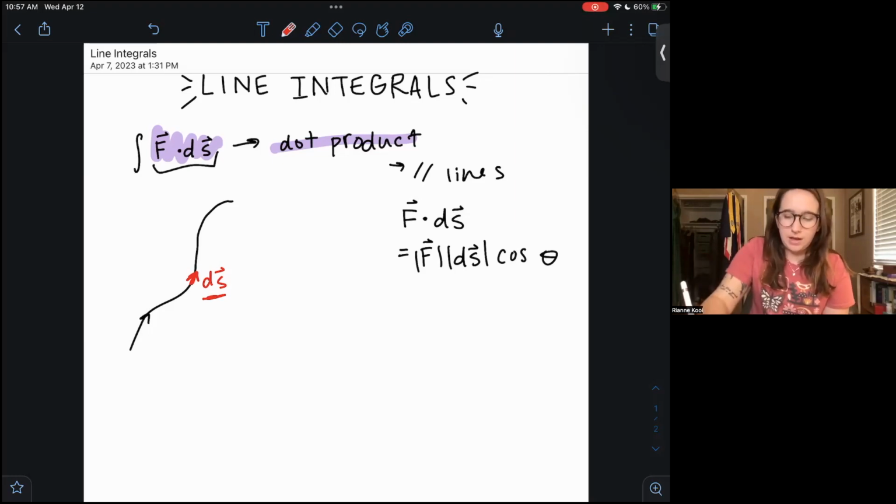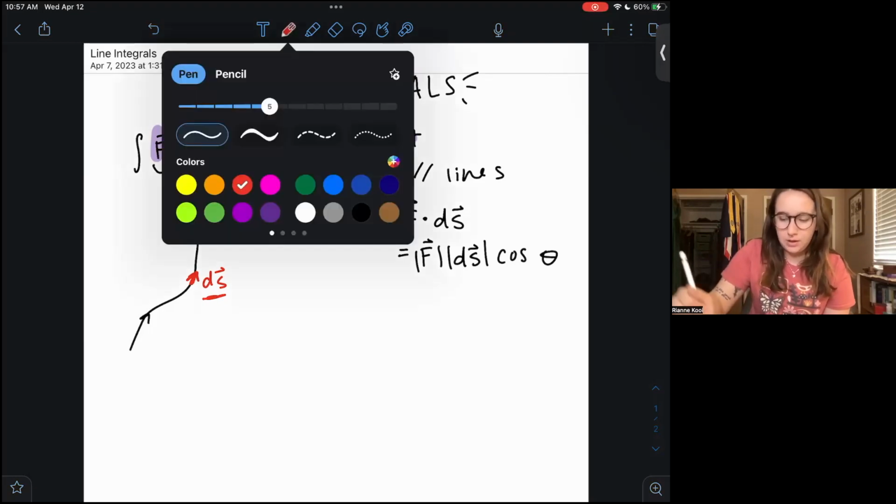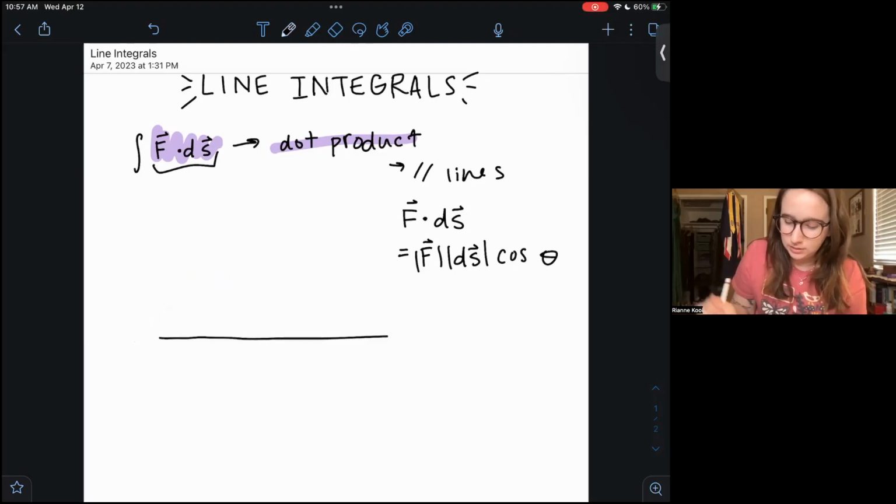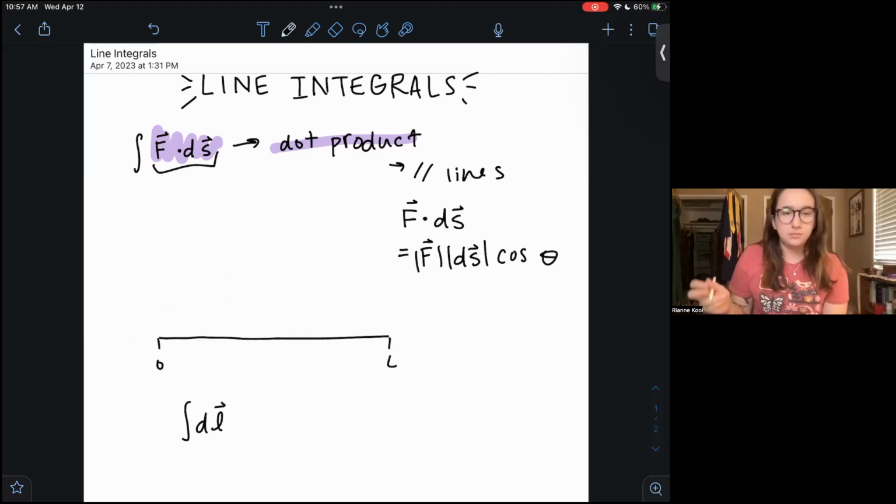One way this can happen is, let's say we want to find the line integral of a circle. Actually, no, let's start with something easier. Let's start with just a line. Let's say it starts here. This is L, and we want to find dL, which is a very valid function to write. So we want to find the integral of this dL.